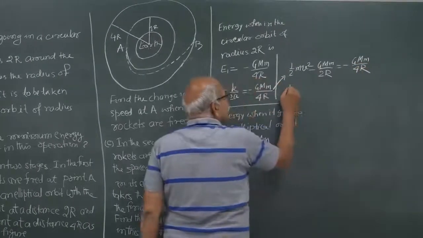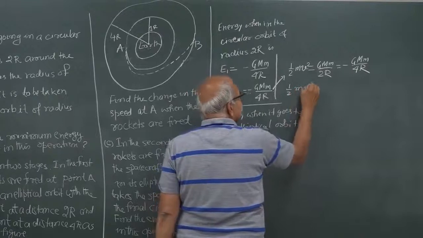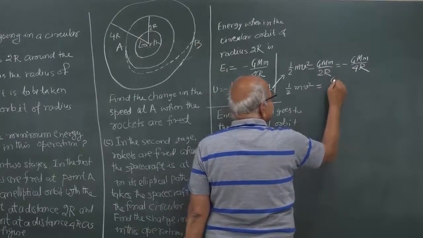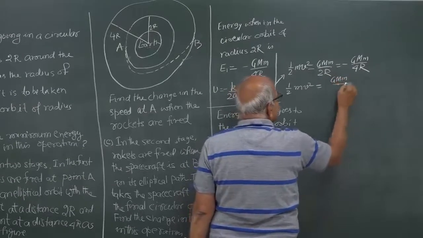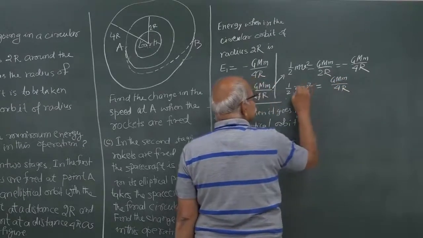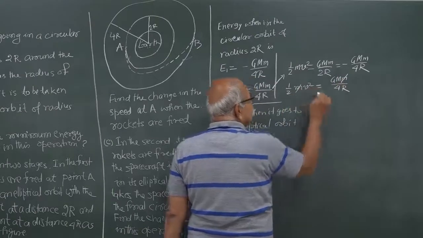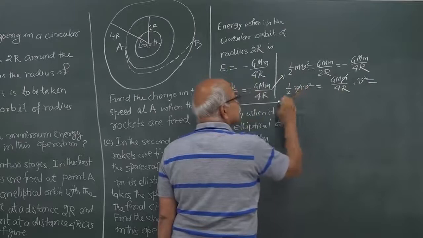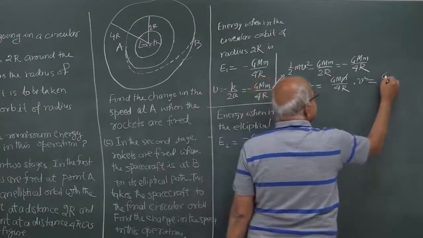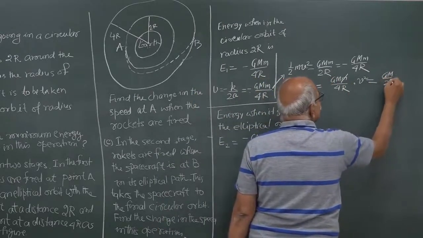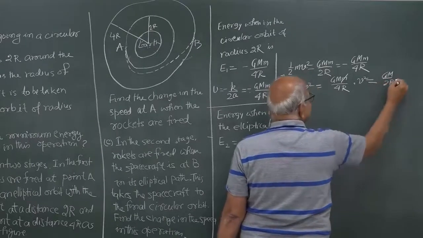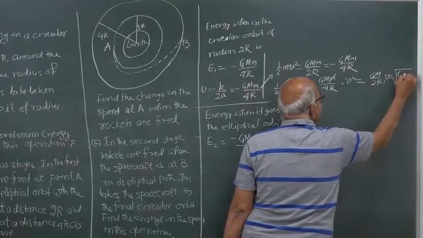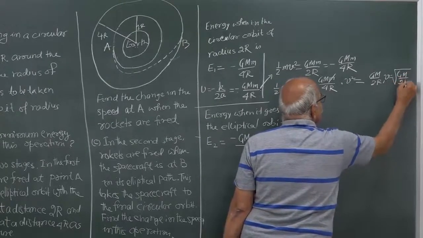Therefore half mv square is equal to GMm over 4r. So m cancels out, and v square is equal to GM by 2r, and so v is equal to square root of GM over 2r.